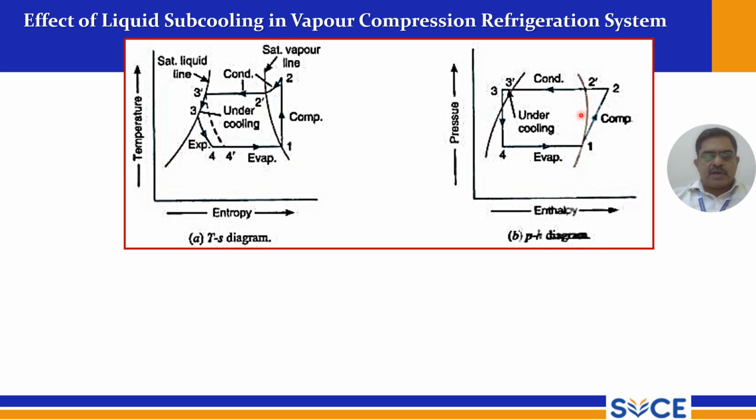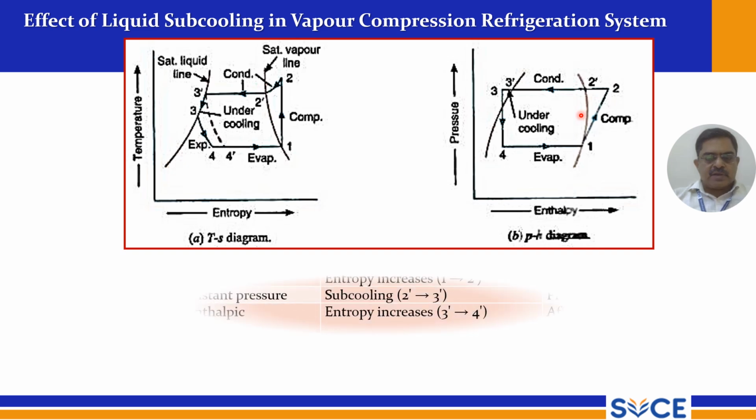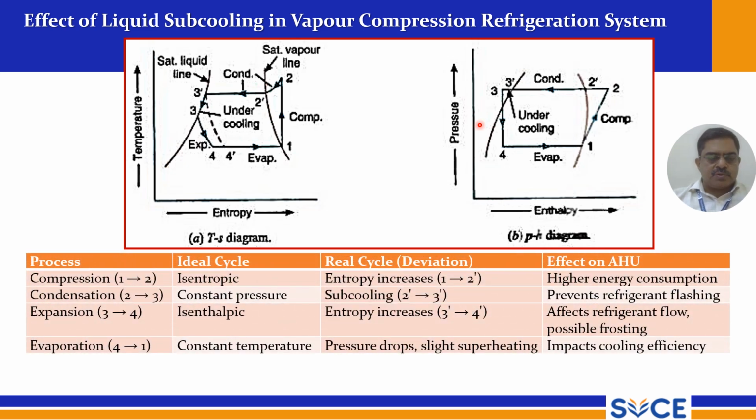This is the actual and ideal cycle. Both are shown here, and let me give you a small comparison in a very short manner. So this is the process. You can see here, students, process 1 to 2 is compression.